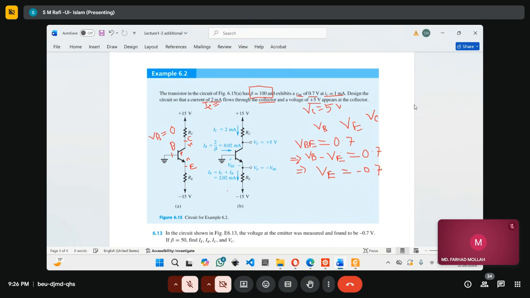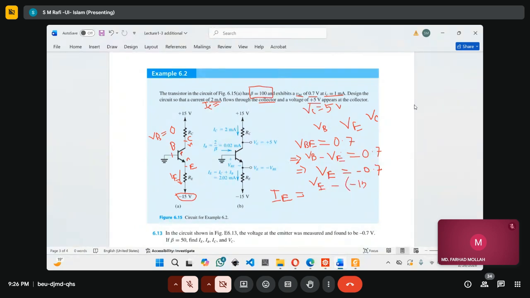If I know this is minus 0.7, and you see this voltage is negative 15 volt, what is the current passing through this? This current is called IE, right? So IE is the current passing through the RE resistor. What would be this value? We can write VE, minus 0.7 plus 15, divided by RE.